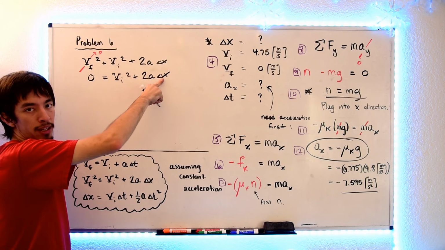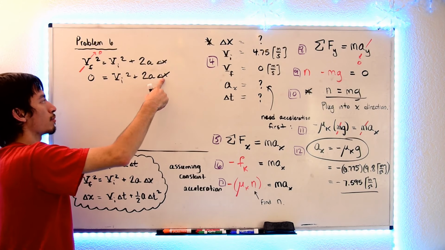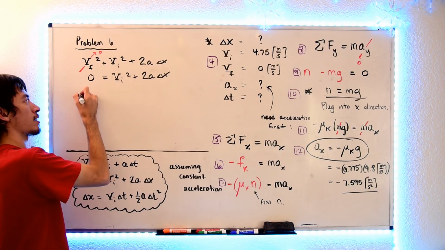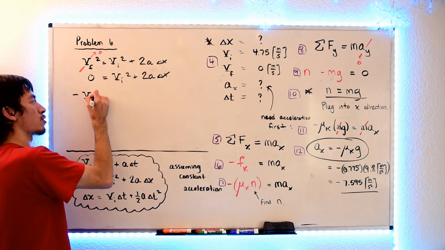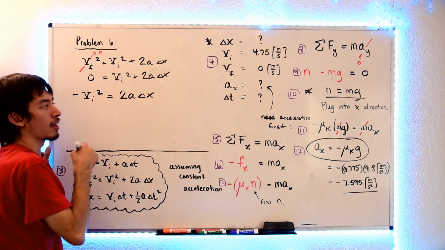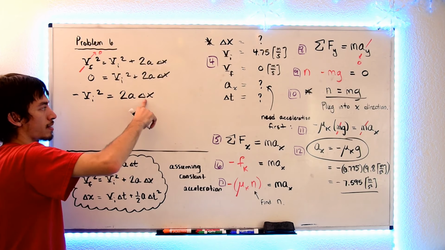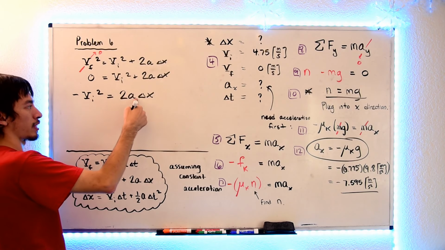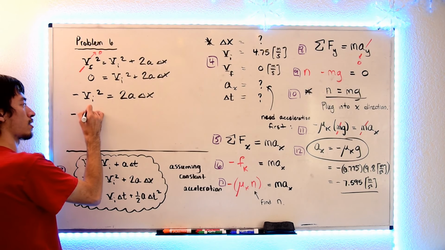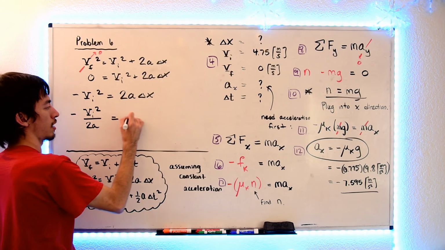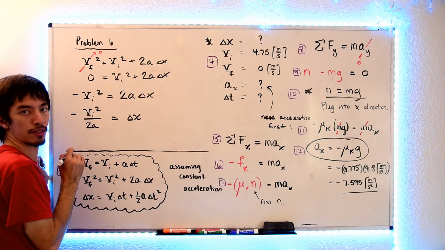To get delta x by itself, the distance that we need in the problem, we need to move the initial velocity over. It's positive, so we're going to subtract it. So minus V initial squared equals 2a delta x. To get delta x by itself, we're going to just clean off the 2a by dividing it, because it's attached by multiplication. So minus V initial squared over 2a is delta x.